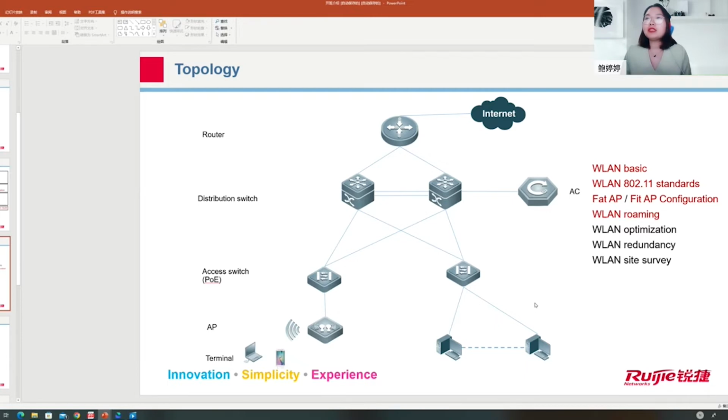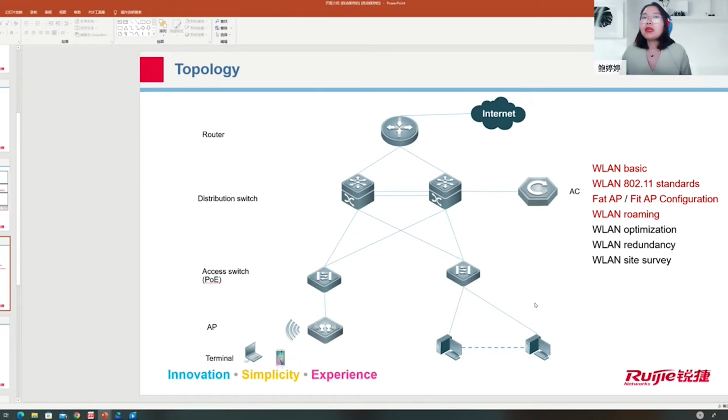And then AP and AC will establish the CAPWAP tunnel. We have two tunnels, one for the data tunnel and another for the control tunnel. In the control tunnel, we can get the configuration and also get the upgrade version from the AC. And later, if we want to forward the message from the terminal, if the mode is centralized mode, we will forward the traffic to the AC, using the data channel.